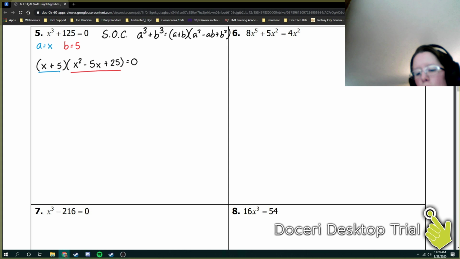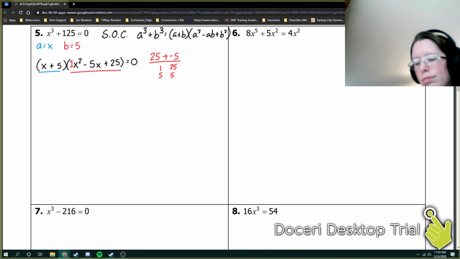So it's a trinomial with an a value of 1. The first thing I want to check for is whether there are mystery numbers that work. If there's no mystery numbers that work, then we'll have to use the quadratic formula to finish solving this problem. So if we're going from 25 to negative 5, can we do that? 125, 5, 5.